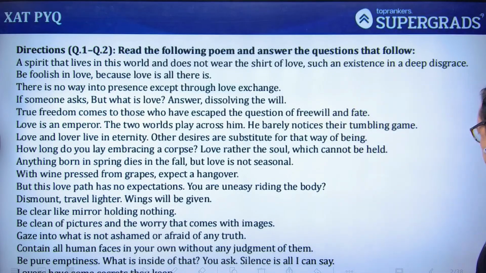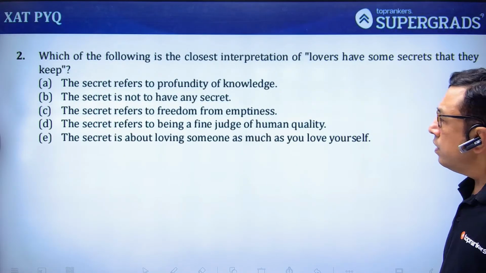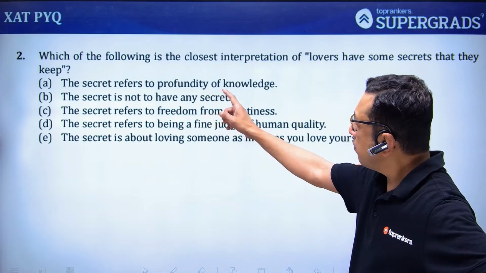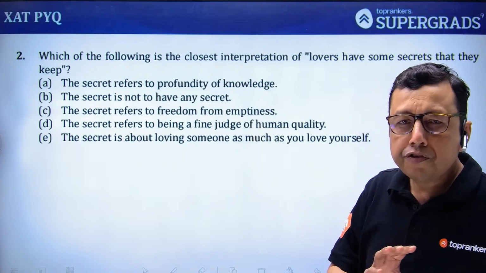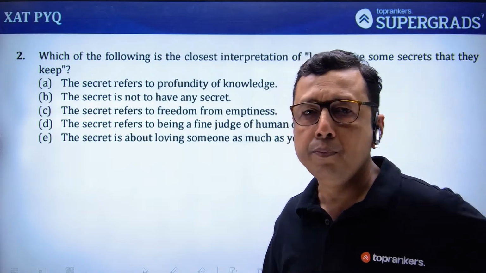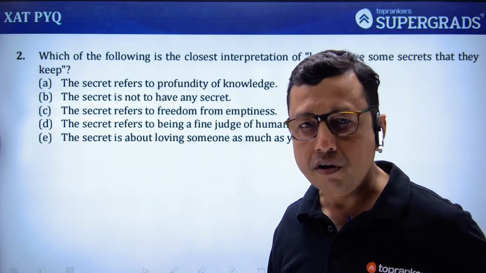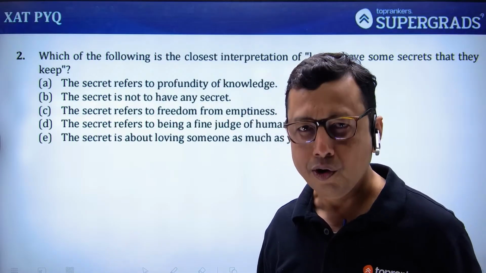Okay, the secret refers to the profundity of knowledge. The author does not mention knowledge anywhere in the poem. He doesn't relate love with knowledge at all. So this is totally out of the picture. Silence is not related to knowledge.